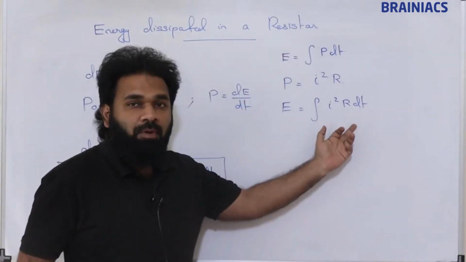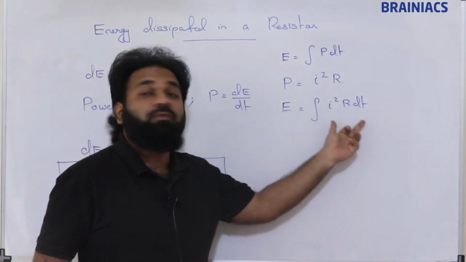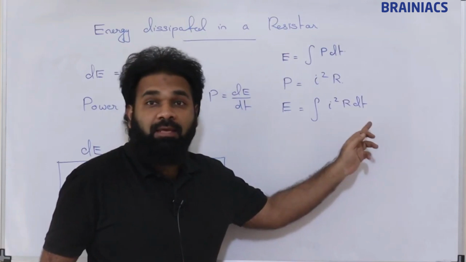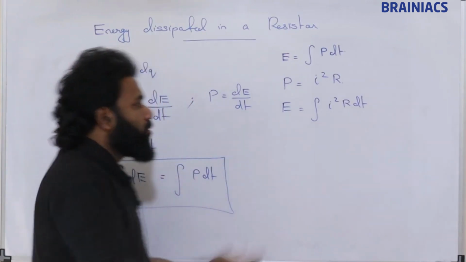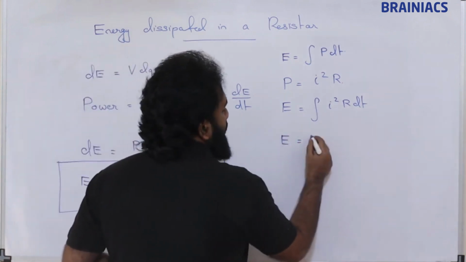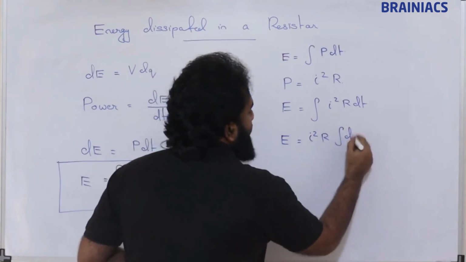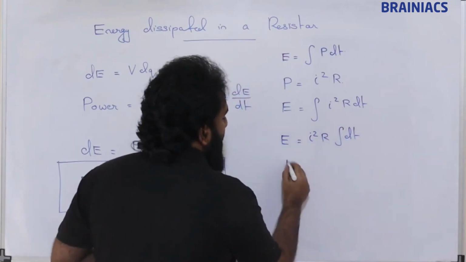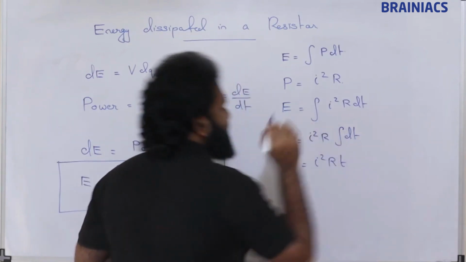Those values which are not constant, which are varying with time, we will have to keep inside and integrate. So here I square R I can take out. When I do integral dt, I will get E is equal to I square RT.